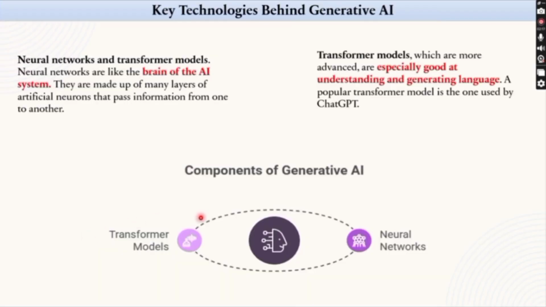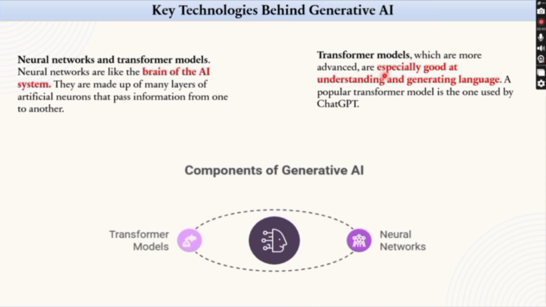Now, let's see key technologies behind generative AI. The main technologies that support generative AI are neural networks and transformer models. Neural networks are like the brain of the AI system. They are made up of many layers of artificial neurons that pass information from one to another. Transformer models, which are a type of neural network and are more advanced, are especially good at understanding and generating language.